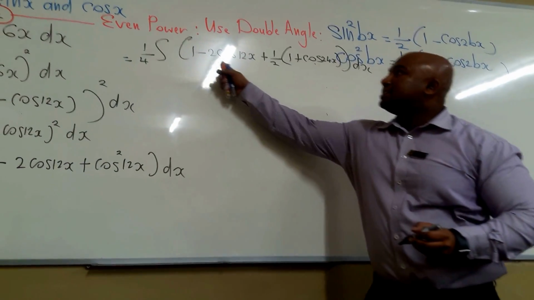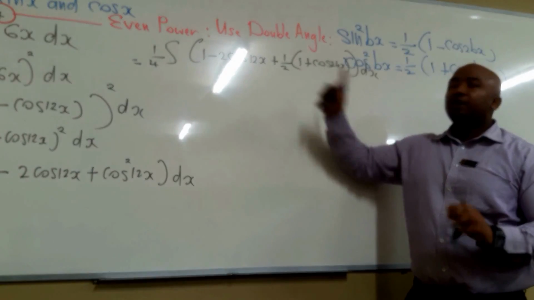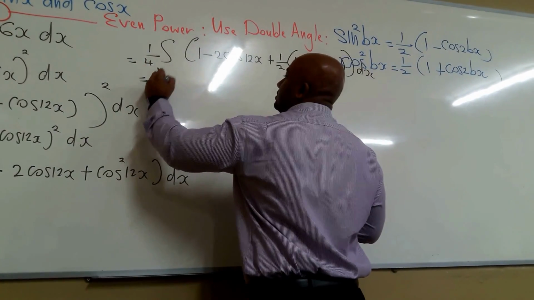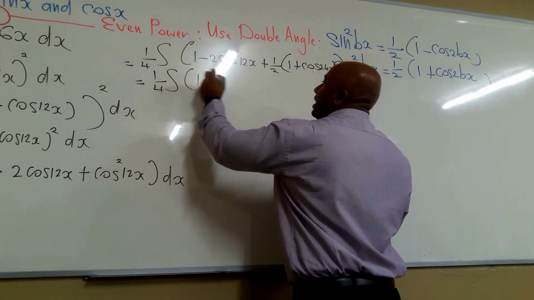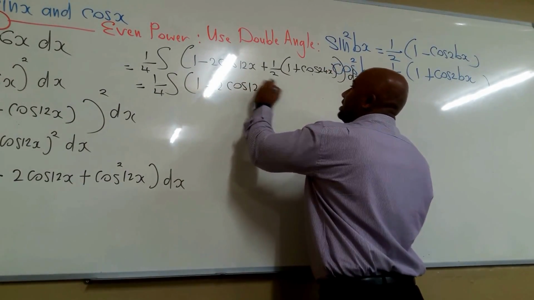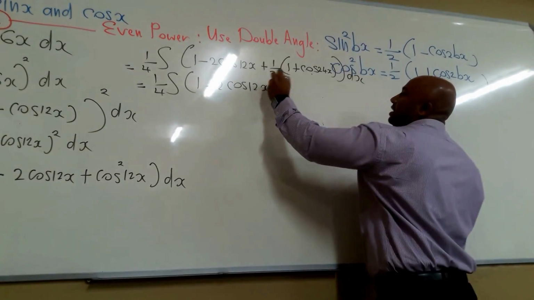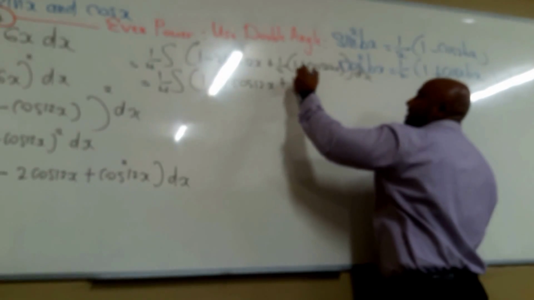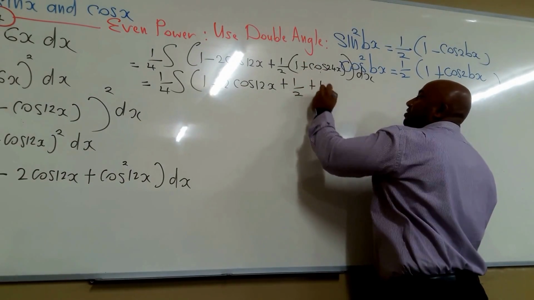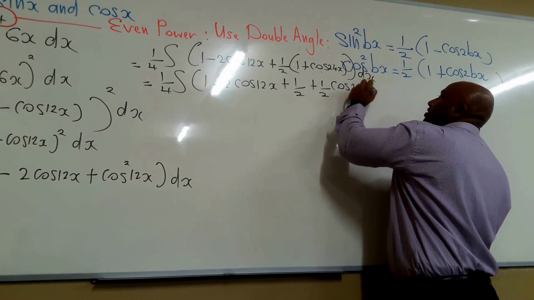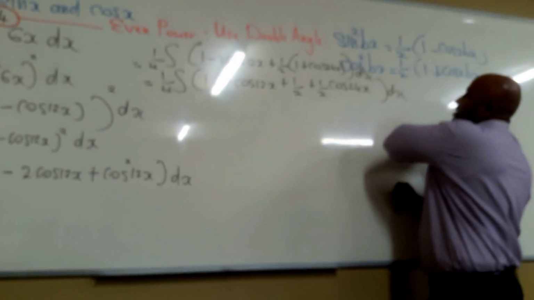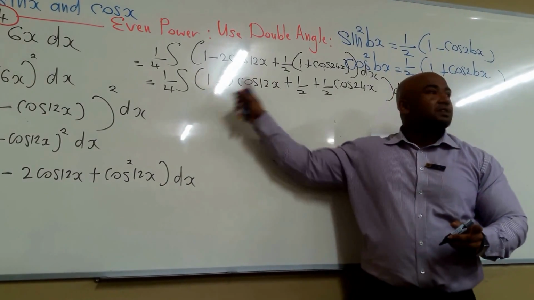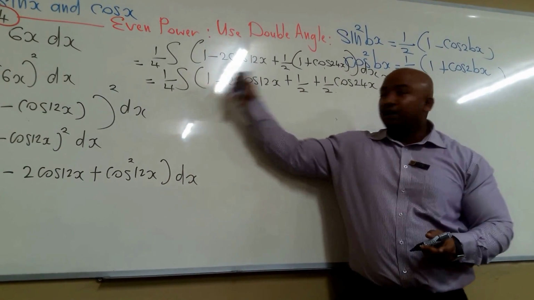Right, so you can integrate here, or maybe you want to just simplify first. Let's just simplify this here. So that is 1 minus 2 cos of 12x. Half times 1 there, that will be half. Half times cos of 24x, so that will be half cos 24x, dx. You can integrate, or maybe you want to just work out these constants. We got 1 plus half there.